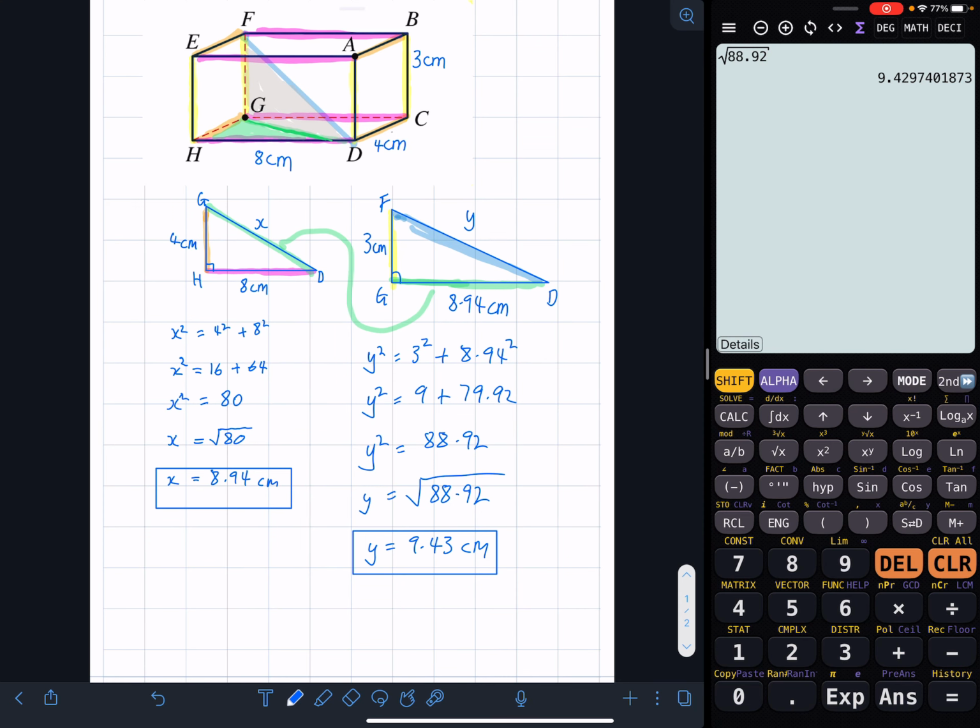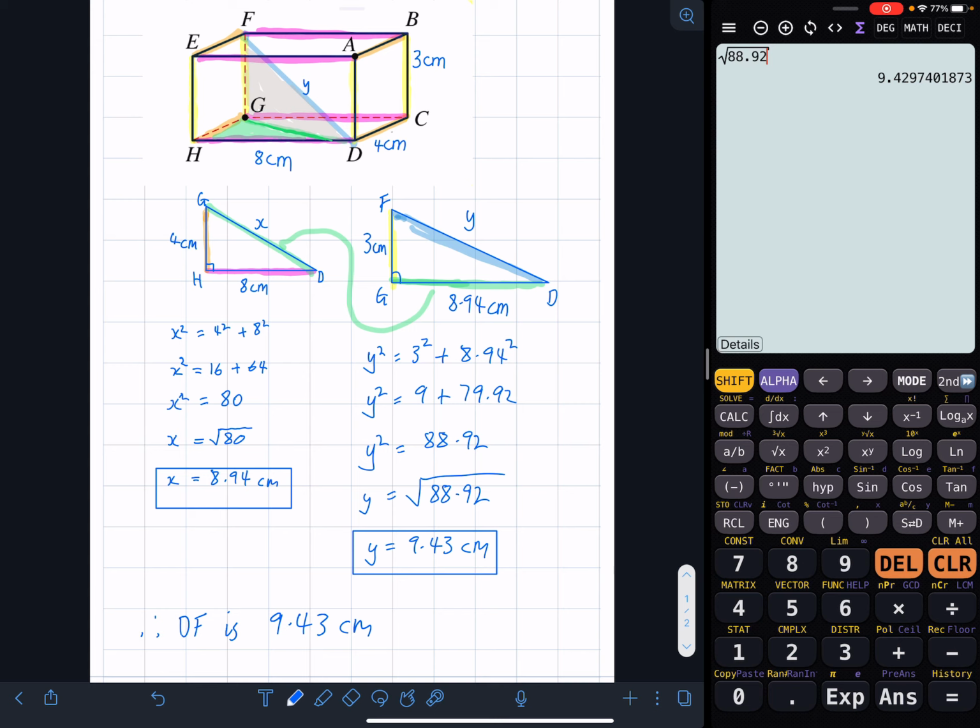So now we've found the length y, which is FD. Therefore, FD, or DF, is 9.43 centimetres. Excellent. So we've solved the question here. We've found the length of FD.